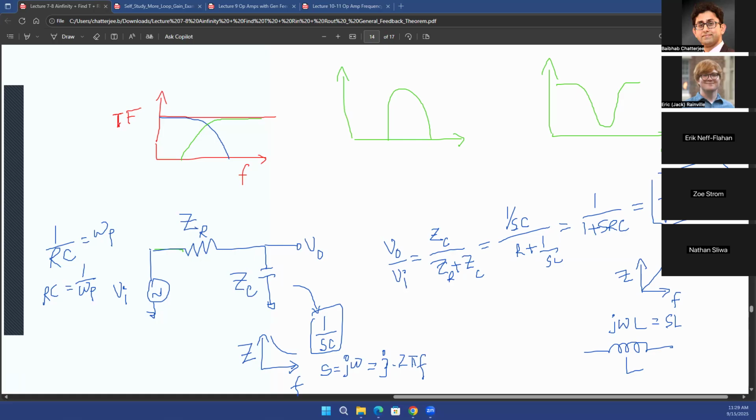So I can write that down as 1 plus j omega divided by omega P. So wherever is the location of my pole, which is equal to 1 upon RC, I can represent the transfer function of this system in this form, 1 divided by 1 plus j omega divided by omega P.